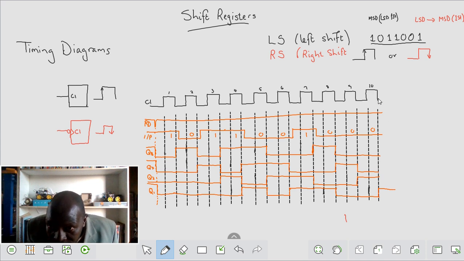In fact, we have an edge there, so we have to be very, very careful. That 0 would have been fed across. That little bit can be shown there. Okay, there was a 0, that 0 will be fed across. There was a 0, that 0 will be fed across. There was a 1. Okay, the input was nothing, so this 0 was fed across. This 0 was fed across.